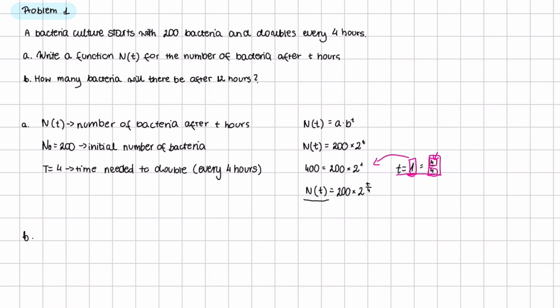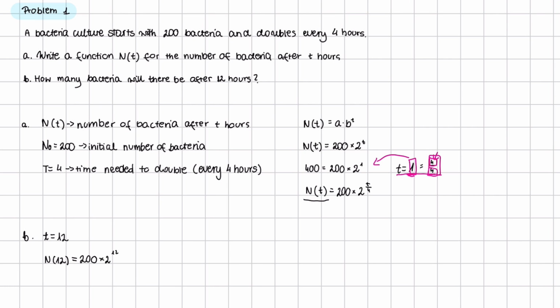And in B, we simply need to find how many bacteria there will be after 12 hours. So our t is 12 because it's our time in hours, and N equals 200 times 2.